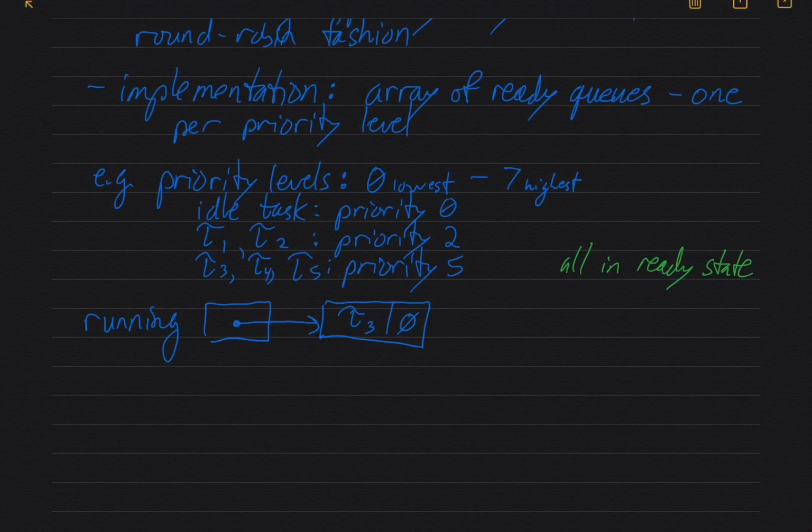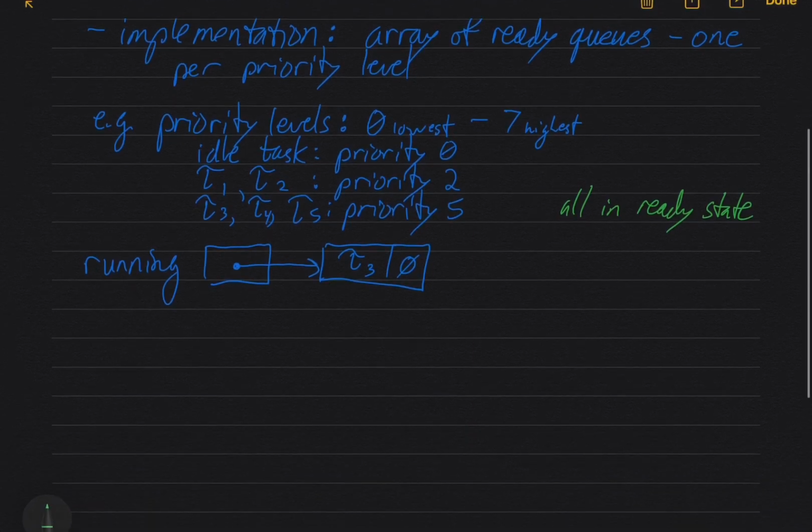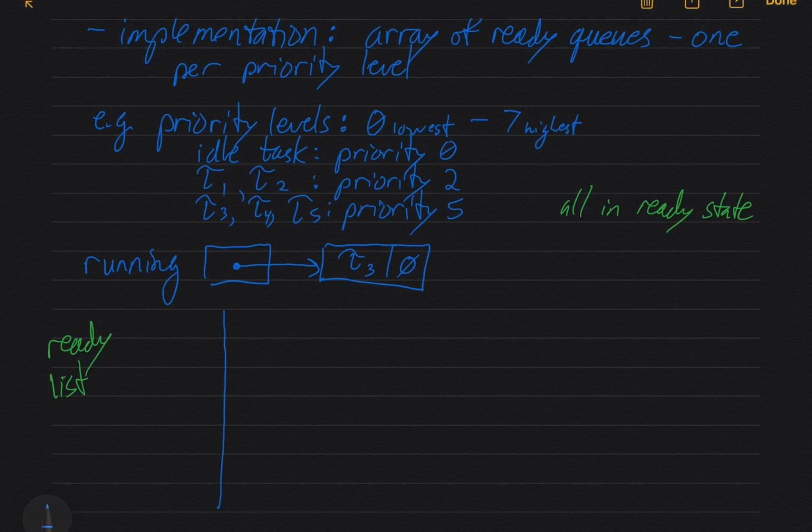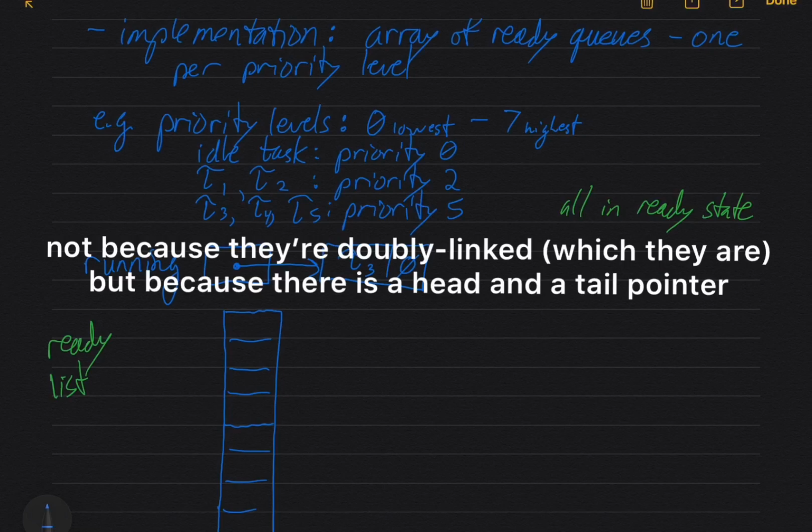And then we have our ready list. So our ready list will be an array of 8 pointers to queues, and actually they'd be pairs of pointers because they would be doubly linked.